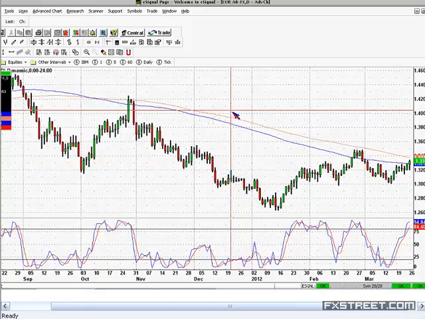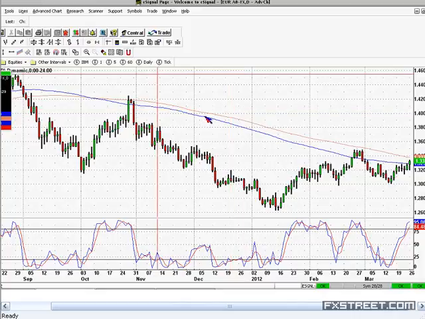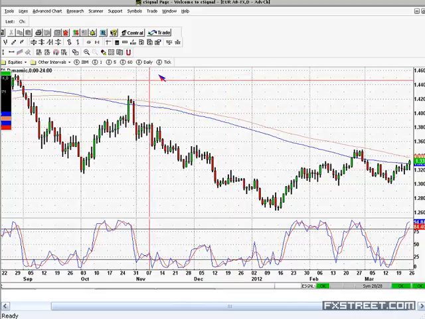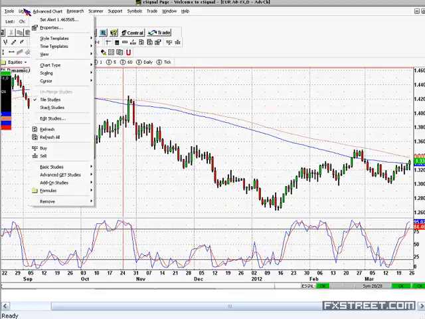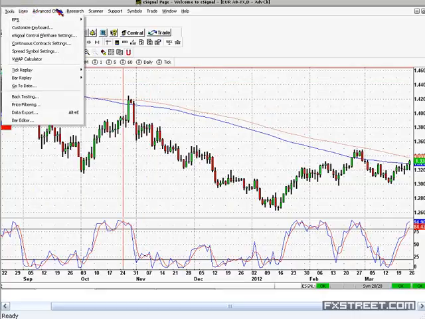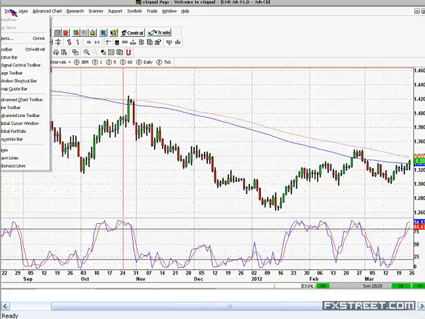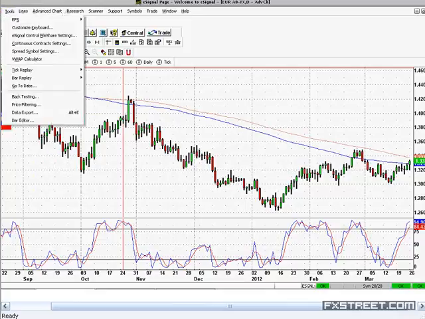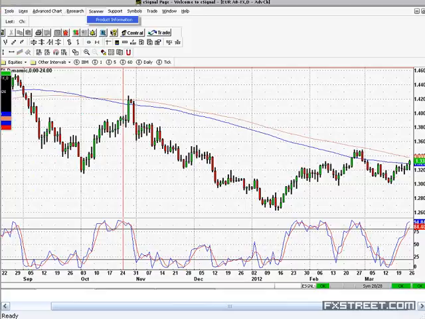Okay, so we all know that moving averages help us determine the general trend of the currency pair, and the stochastics determines whether we are in overbought or oversold territory. So that's basically what we're going to play off of.